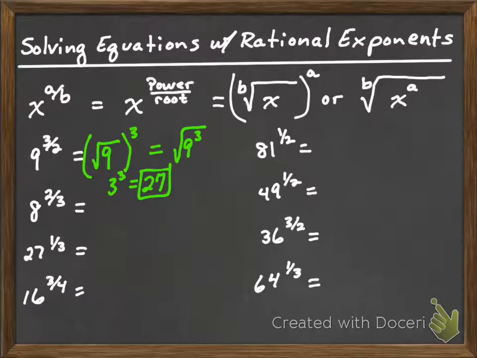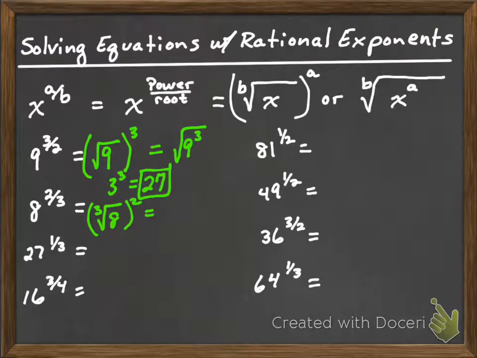All right, on the next one, we have 8 raised to the 2/3. Remember, your denominator is the root, and that's what we want to do first all the time, is going to be finding the root of this value. So this is going to be the cube root of 8, and then we're going to raise that to the 2nd power here.